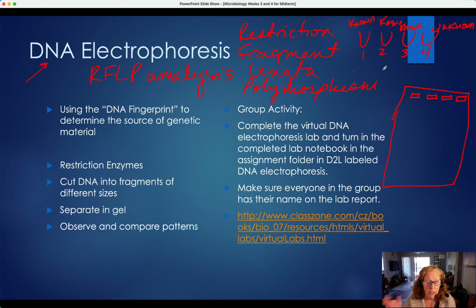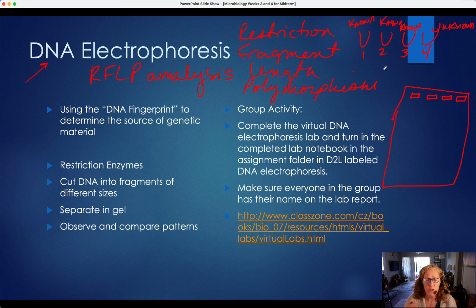What I don't know is I have DNA in my unknown tube, but I don't know where that DNA came from. Maybe that's DNA from a blood sample at a crime scene. Maybe that's DNA from a bacteria that I don't know the name of. Maybe that's DNA from a virus that is causing disease in a patient, but I don't necessarily know what that virus is.